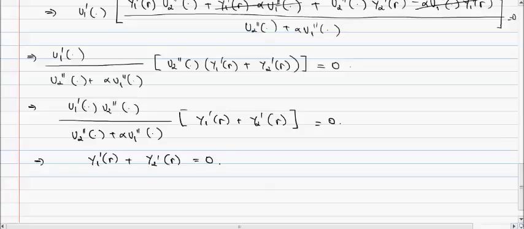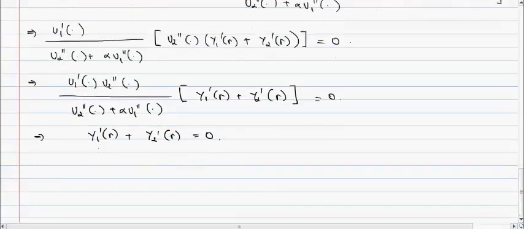So u1, if you differentiate it, it shouldn't be equal to 0. The utility function, you differentiate once, and if you differentiate twice, it cannot be equal to 0. Therefore, in order for the whole thing to be equal to 0, the thing inside the square bracket will have to be equal to 0.